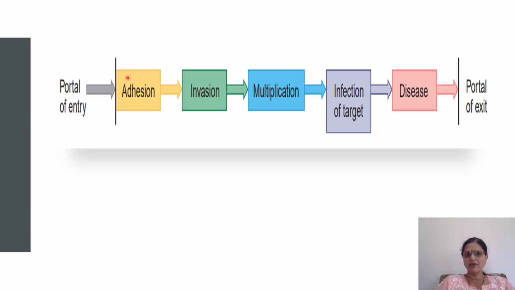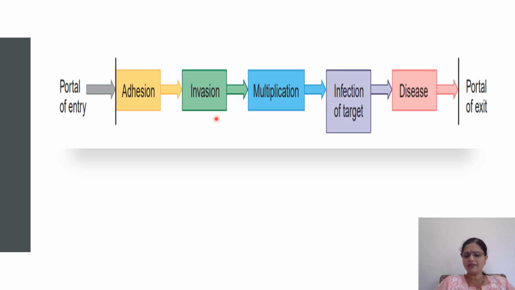That is called adhesion. Once it gets attached on the body cell, the next thing it does is penetrate inside. It is going to spread from one cell to another cell, and from one tissue to another tissue, and penetrate inside the body. That is called invasion.